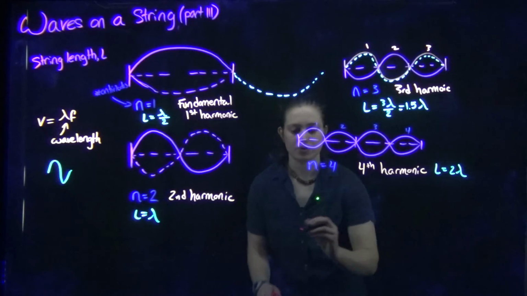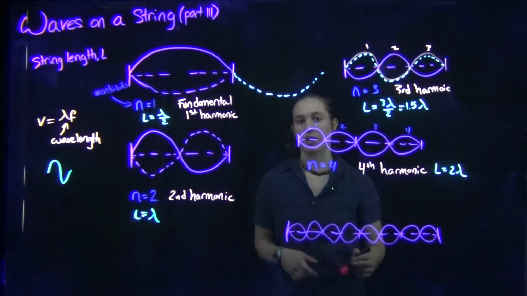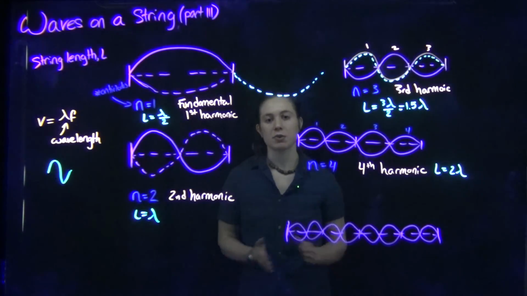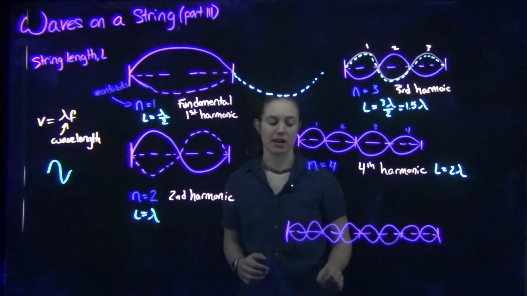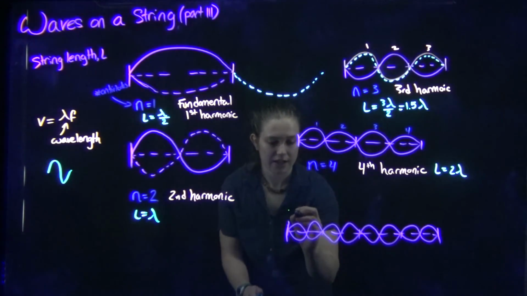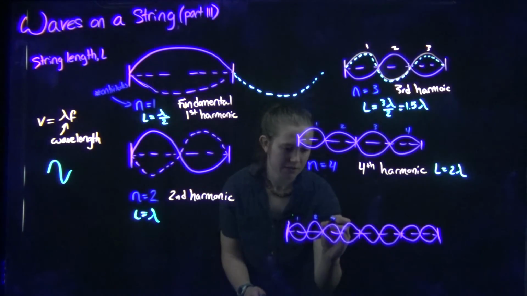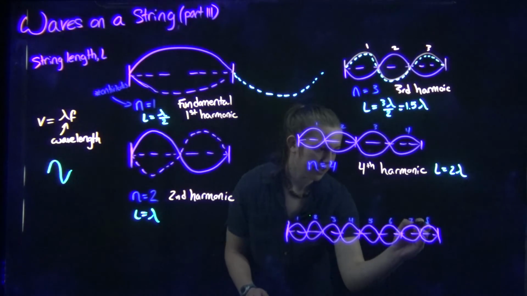Alright, now let's do a harder one. Let's say this is the wave pattern you're given. We want to know n, our harmonic number, and what L is equal to. Alright, so let's start by counting the antinodes. 3, 4, 5, 6, 7, 8.